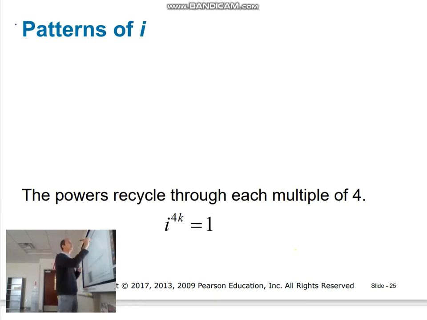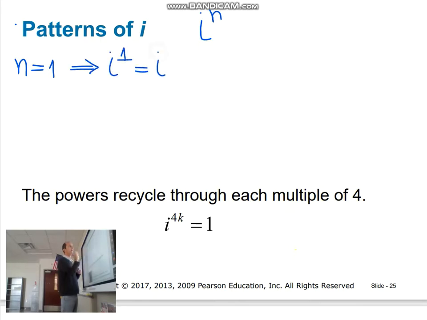So let's try to work a little bit more on this pattern and try to understand it, okay? So if you have i exponent n, if n equals 1, then you have i to the 1, and this is i. If n equals 2, you have i squared, and this is equal to -1, okay?